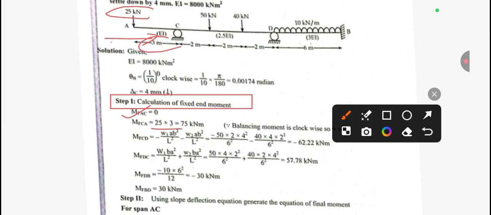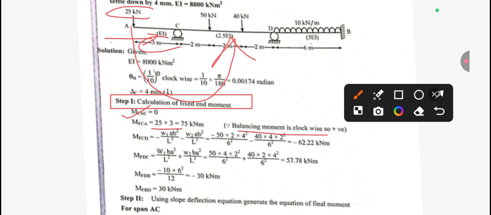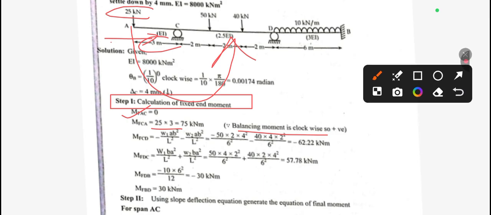But you can see this is anticlockwise. Anticlockwise is actually negative, but we need to take the balancing moment, so in place of negative we take the opposite one. Negative anticlockwise, its opposite is clockwise, and it should be taken positive. So positive 75 kNm.